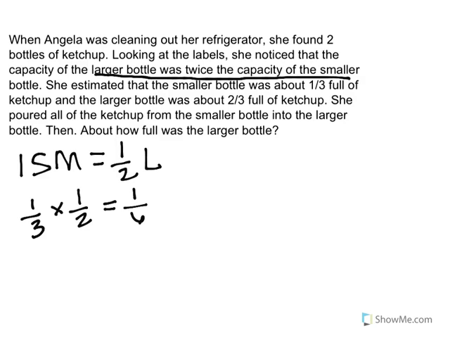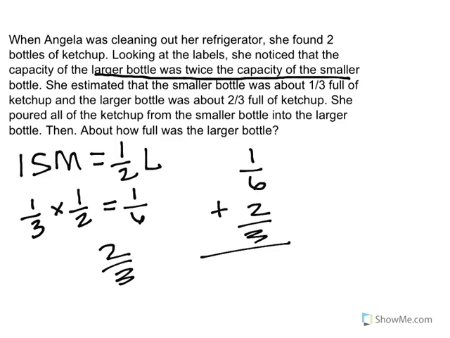So if we're adding 1/6 to the amount that's already in there, then we just add it up. So there's already 2/3 in the large bottle. We're going to add 1/6 to that. So if we add up our fractions, we can't add this problem unless we have a common denominator.